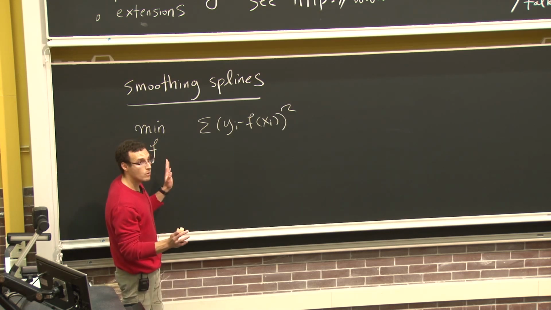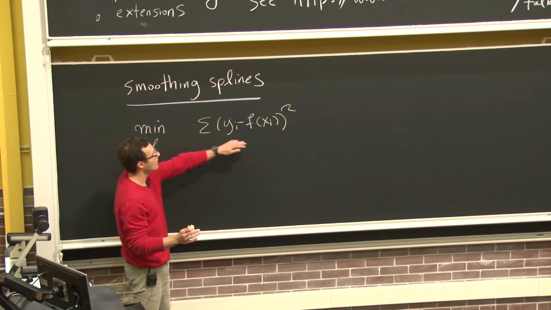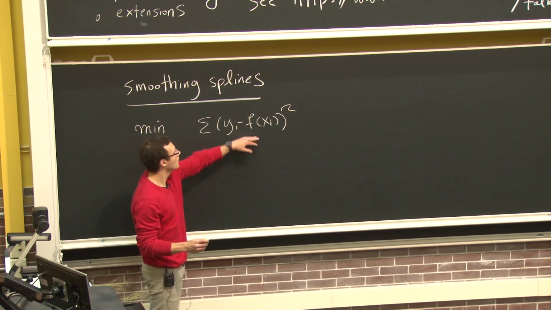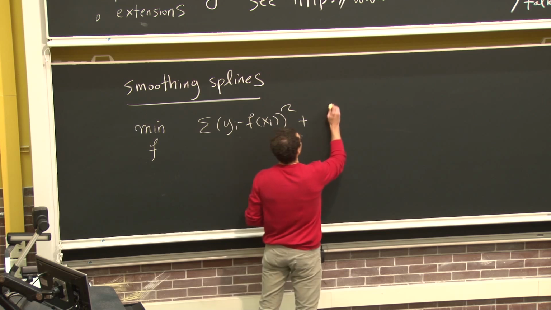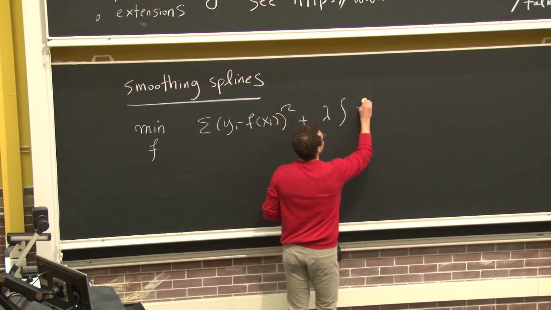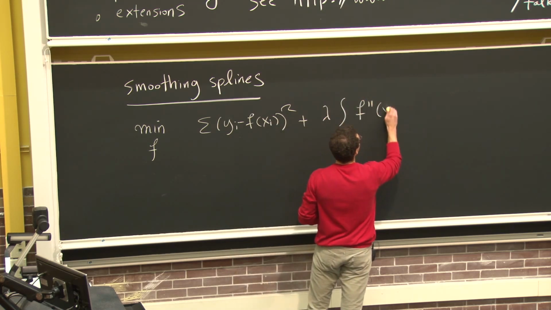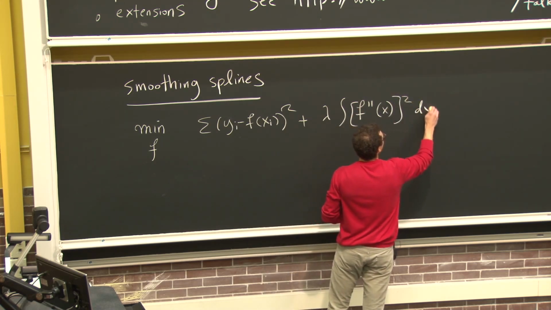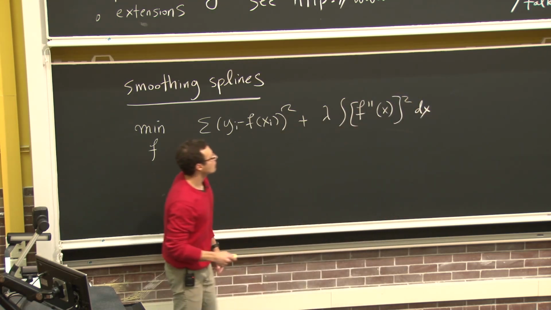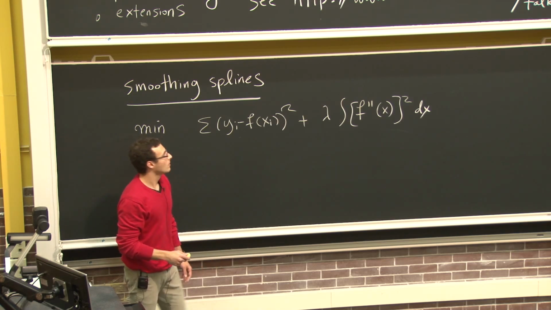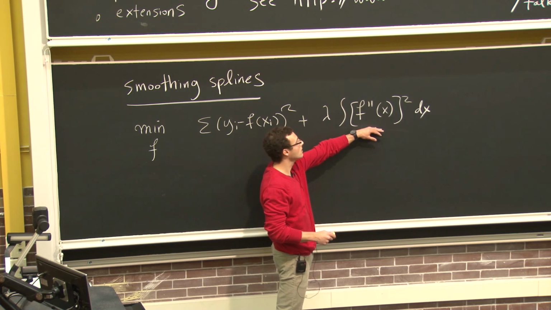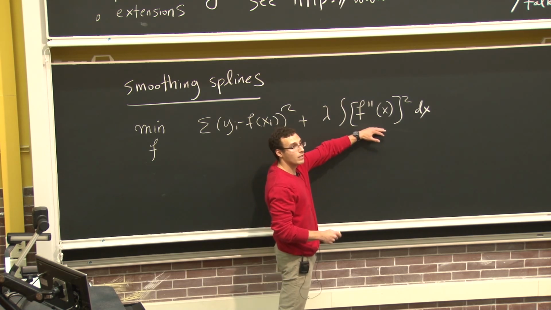And of course, if that wasn't my only part of the criterion, then I would just choose f again to interpolate the points. So this would not be useful. But then smoothing splines add this second part, which is a roughness penalty or a complexity penalty on the function f, which is I look at the second derivative of f, I square it, and I integrate it across the entire domain of the x's, and I use that as a penalty.